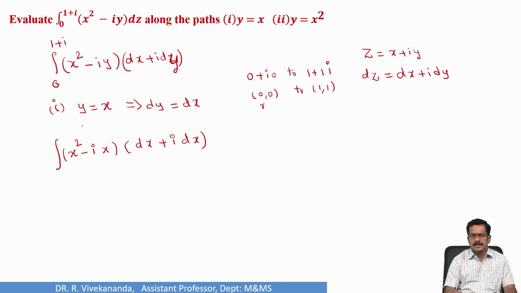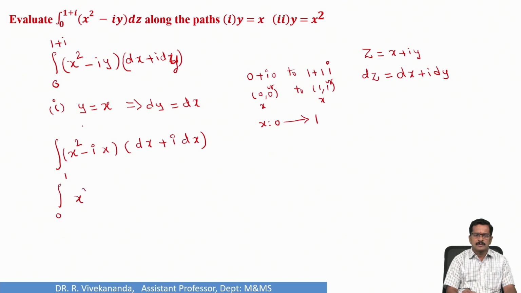So these are x limits and these are y limits. Now I reduce the given integration in terms of x. So you take x limits, that is 0 to 1. Here x limits are varying from 0 to 1. So I'm taking integration 0 to 1.